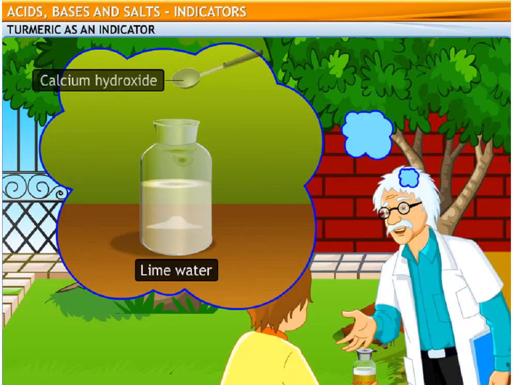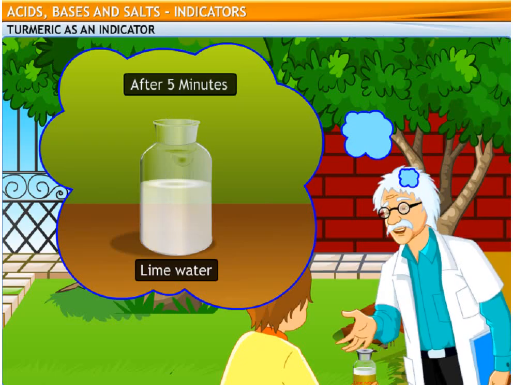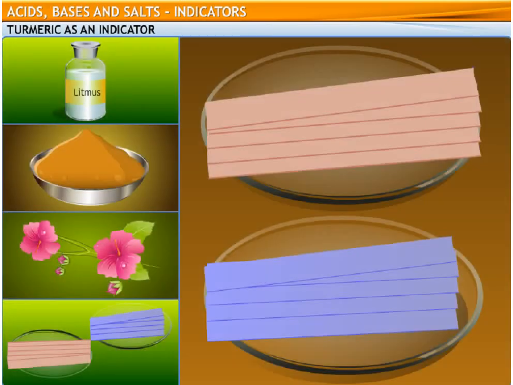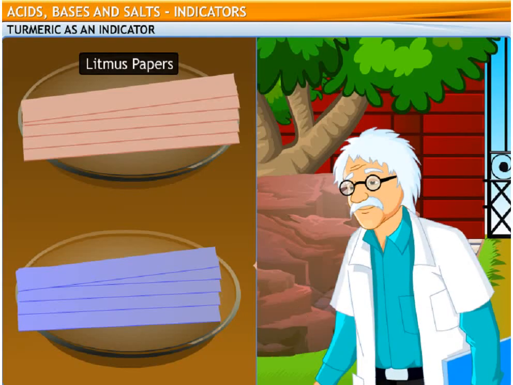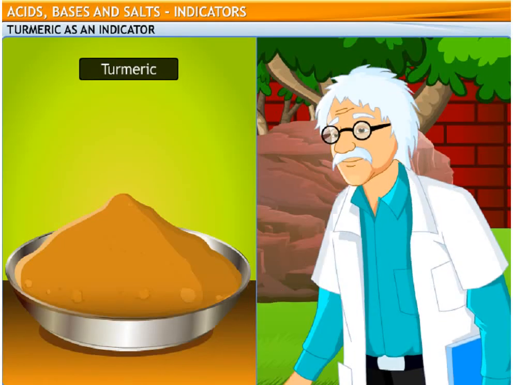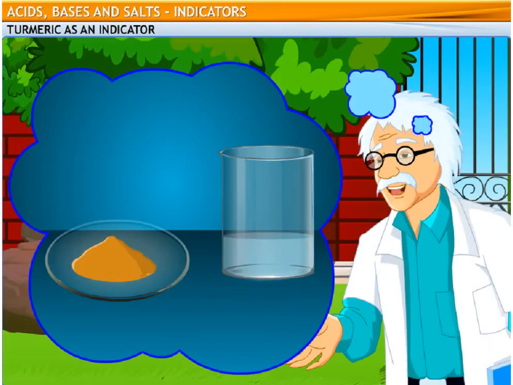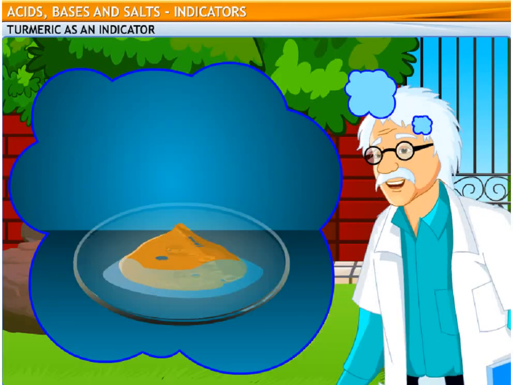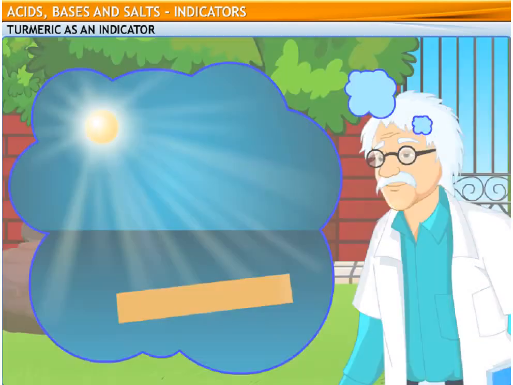It is made by dissolving some lime in water and allowing it to stand for some time. We must test this with an indicator to check what it is. We have been using litmus as an indicator. Another natural indicator is turmeric. Let's try that now. I have made these strips of turmeric paper by spreading some turmeric paste on the paper and drying it.